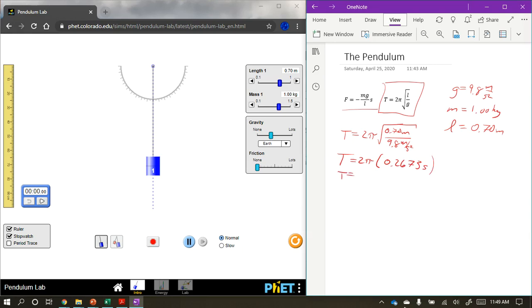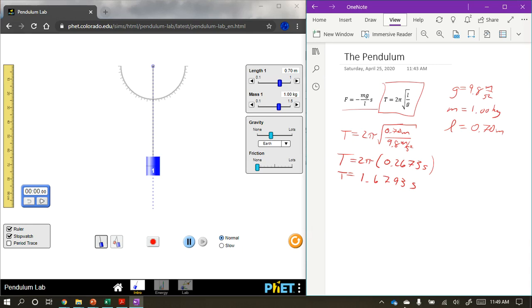And so if I multiply that by 2 pi, I get a period of 1.6793 seconds. Yes, I know I only need 3 significant figures, but you have 5 there just to be safe.